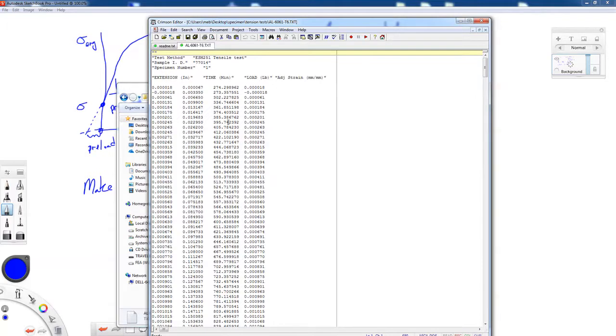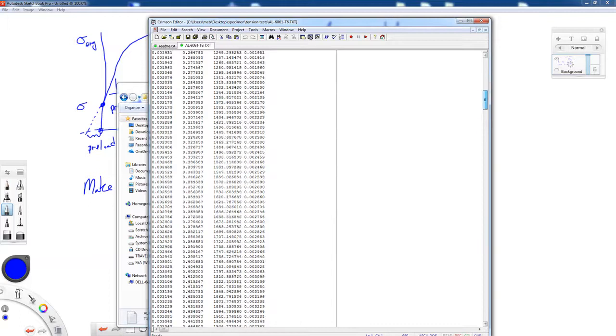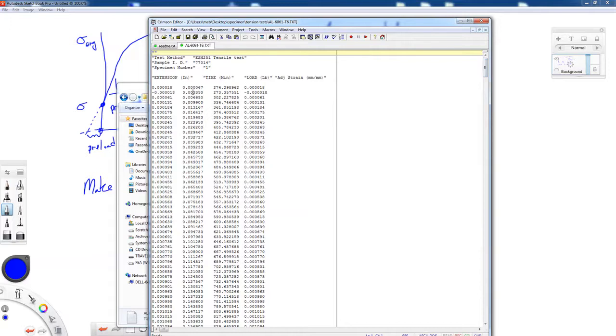Both of these should be the same value, I believe, as we go through here. Time is time, and that happens to be in minutes in this data file. Here's the load. So actually we had 274 pounds of preload, and then here's the strain again. So this is unadjusted strain is what this is.